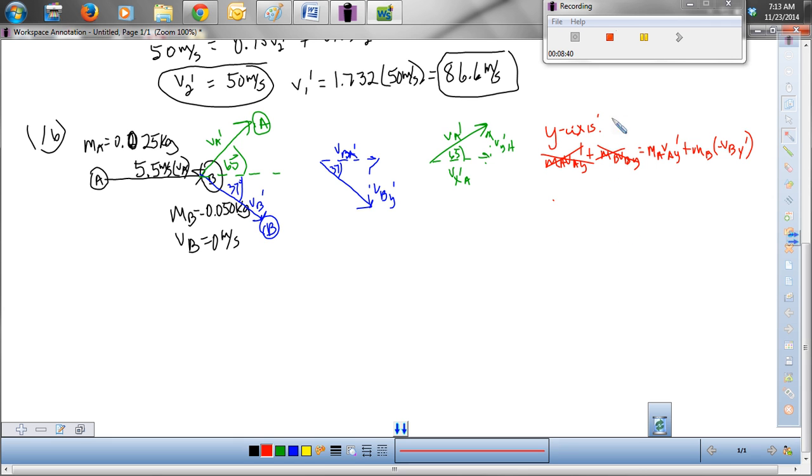So I'm going to bring this over. So I'm going to have MB VBy prime is equal to MA VAy prime. So I know that this is 0.050 kilograms, and this is going to be the sine of 37.